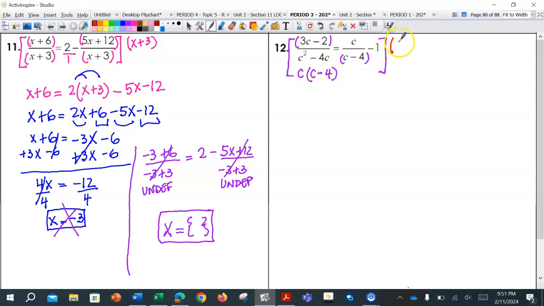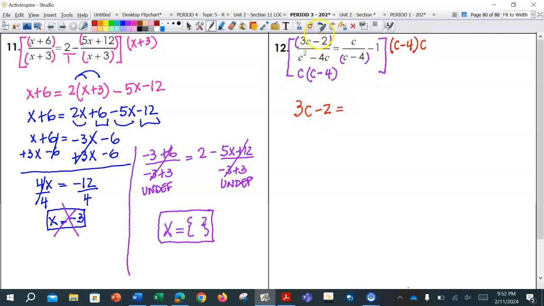They have in common the c minus 4, and they don't have in common the c. If I multiply this on the left of the equal sign, the denominator cancels out with the greatest common factor, so I end up with 3c minus 2, right?